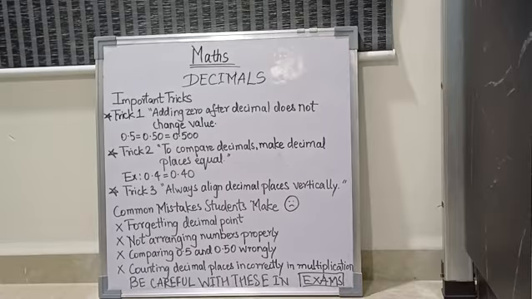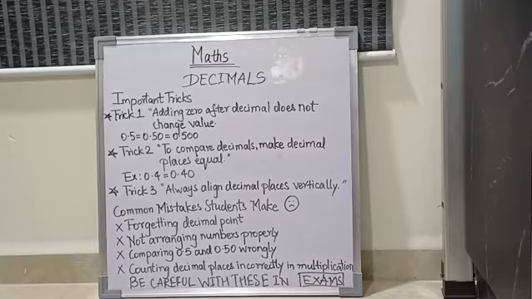Not arranging the numbers properly also creates mishaps. The answer comes out wrong. Comparing 0.5 and 0.50 wrongly, they both are the same. Counting decimal places incorrectly in multiplication is the most common area where people make mistakes. You multiply and you forget the decimal points, and if you count the decimal places, it comes out wrong. So be careful with these in the exams.